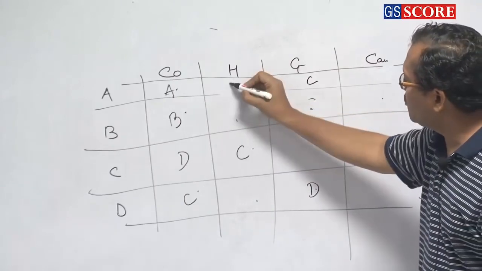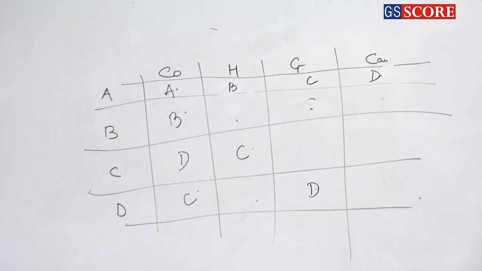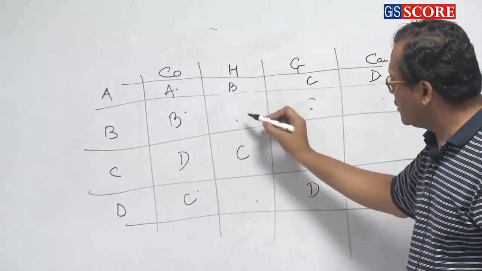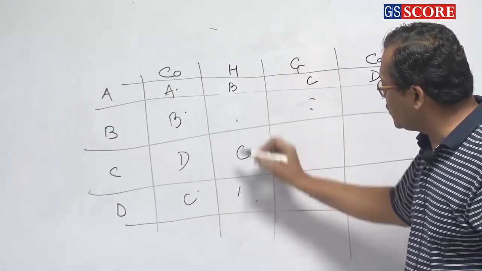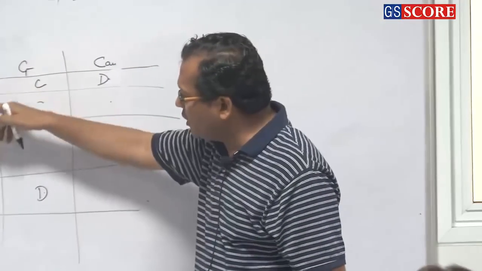So this will be B and this will be D. Clear or not? Now here let me put say D here and A here. So B, D, C, A.